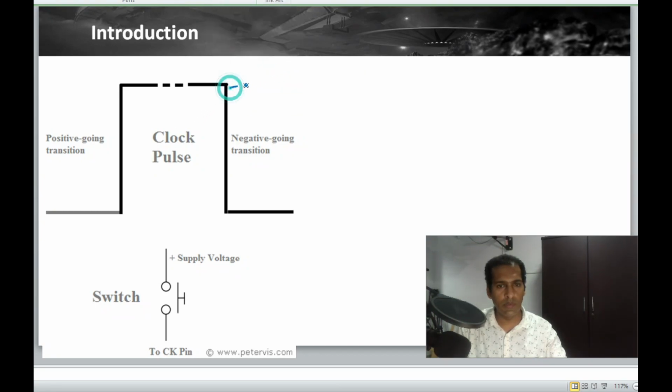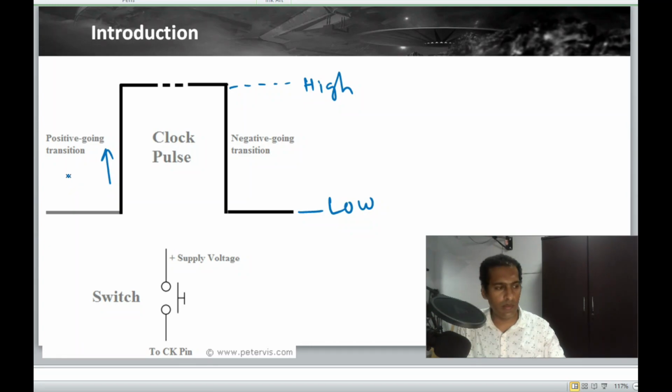This range is the high range, and this one is the low range. This positive going transition, that means this is going upward, is the leading edge, what we call the leading edge.